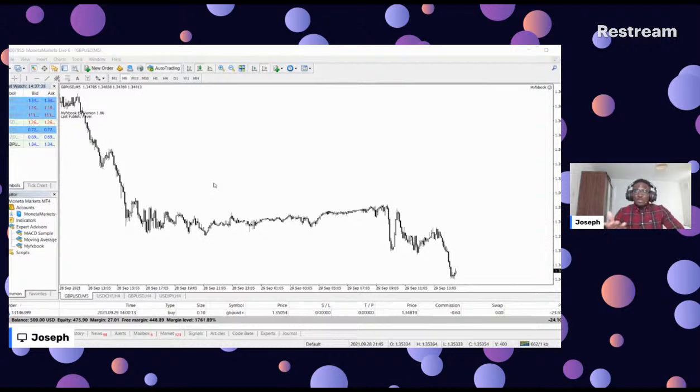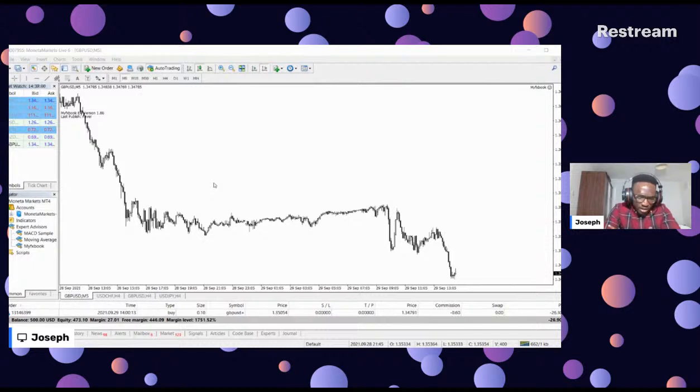If you live in Australia or anywhere in Asia, the time difference won't let you trade this currency pair with this strategy, because you almost have to stay awake all night to do it.